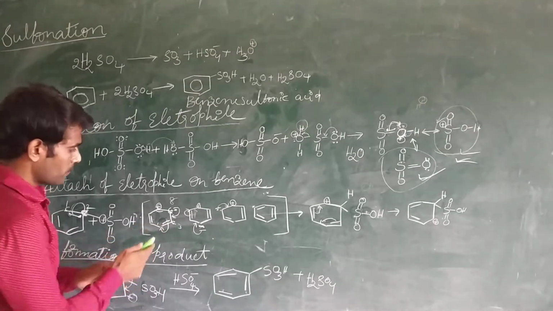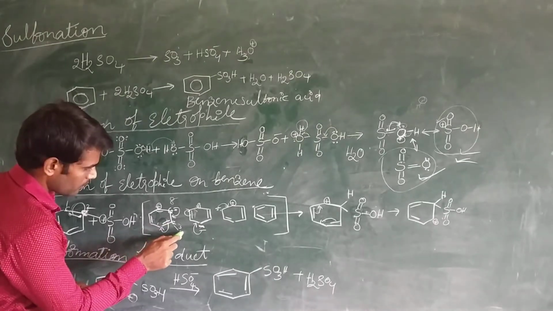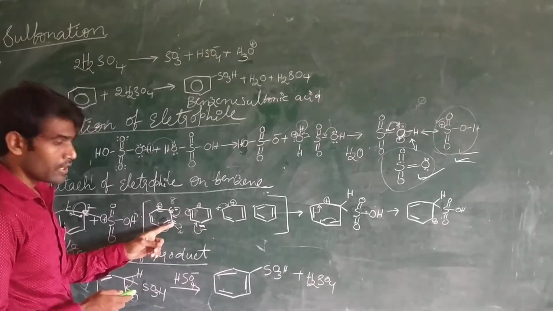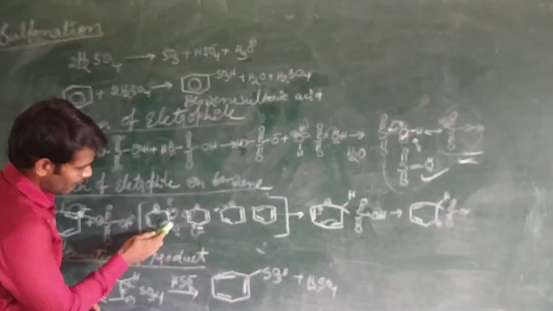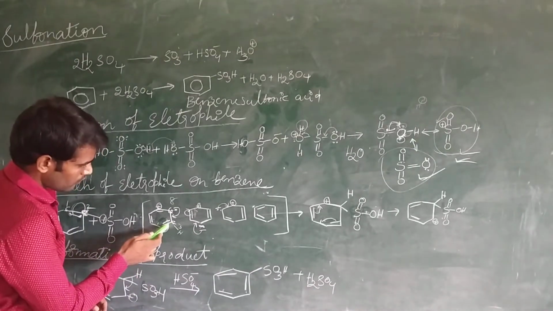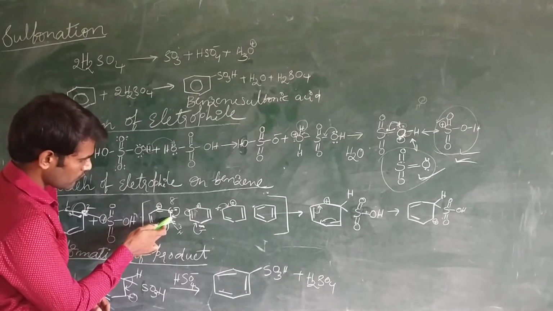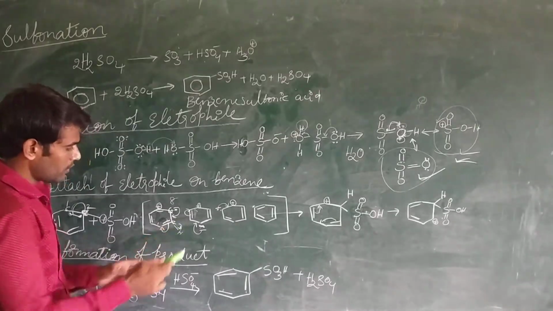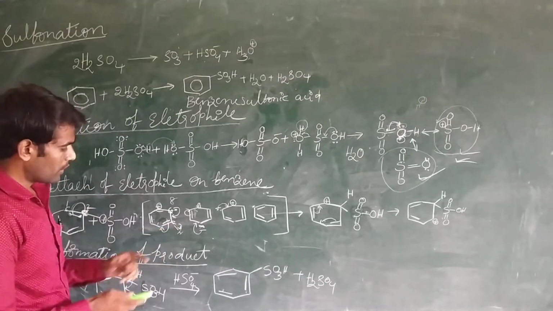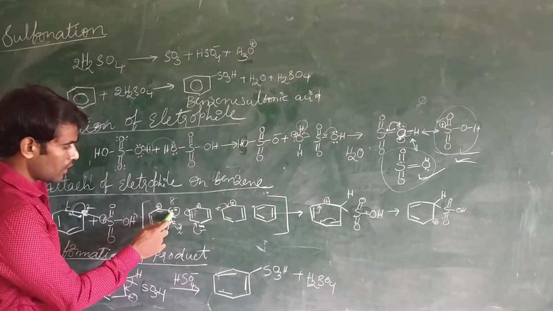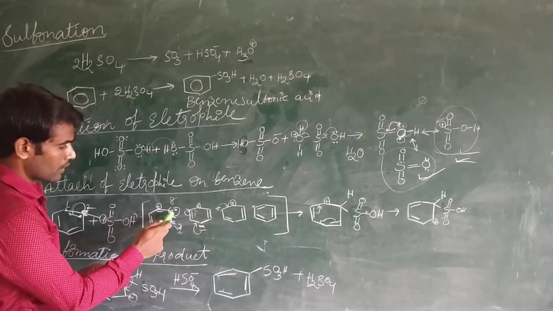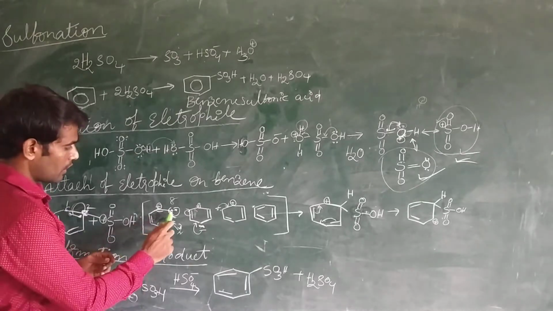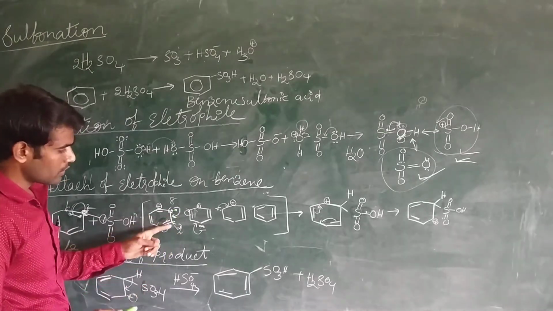But the third carbon already has a sufficient amount of electrons. Each carbon atom in benzene has one hydrogen atom. If you see the valence of the third carbon: 4 plus 2 electrons is 6, plus 2 electrons is 8. So the third carbon already has an octet. But now the second carbon is pushing its electron density towards the second and third carbon.